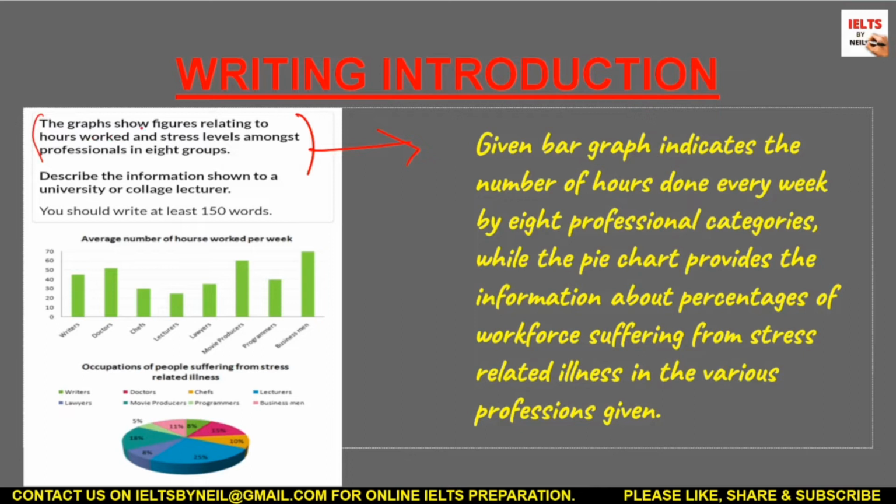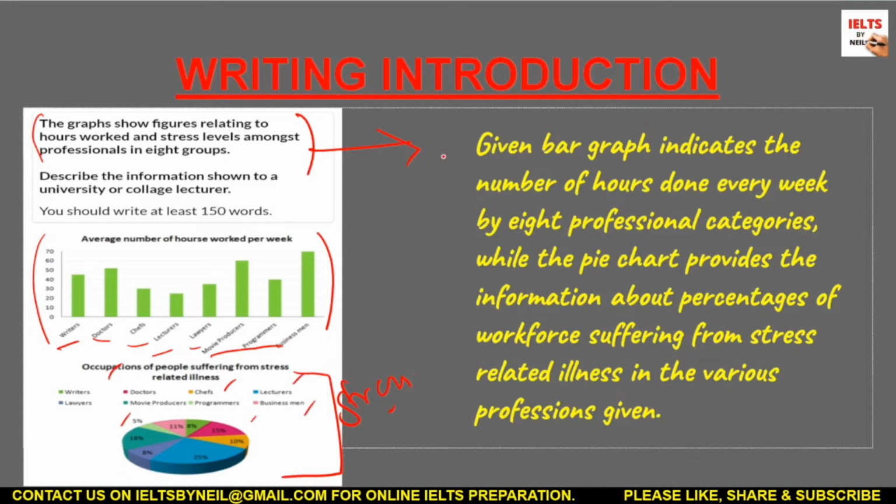So it says the graph shows the figures relating to hours worked, so the number of hours weekly these professionals have worked, like writers, doctors, chefs, lecturers, lawyers, and so on. And this pie chart is showing the stress level for the same professionals: writers, lawyers, doctors, movie producers, chefs, programmers, lecturers, businessmen.